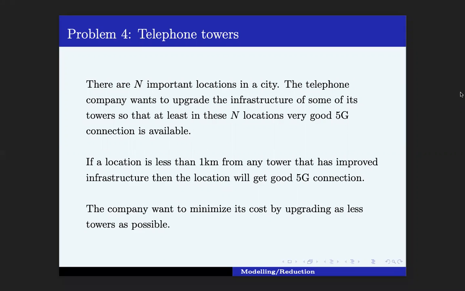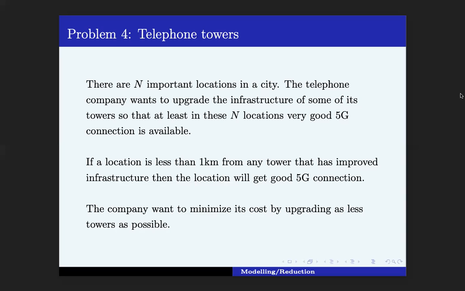So what the company realizes is that if from any point there is a tower within a 1 kilometer radius, then that's good enough. So if I upgrade a tower and within its 1 kilometer radius there are 5 of these important locations, all 5 locations will get very good 5G, right? And so on.